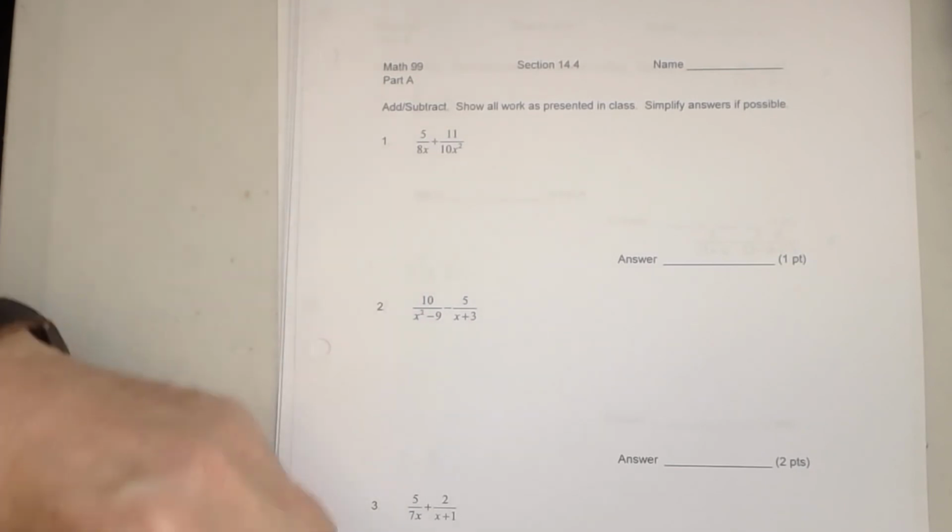Before you can do that, you have to know how to find the LCD. When we get to that part, you're going to multiply both sides by the LCD. And you understand what's going to happen when we get to it. But you have to be able to do this before you can move forward. And then that's going to be the end of this chapter, and then we're going to start radicals.